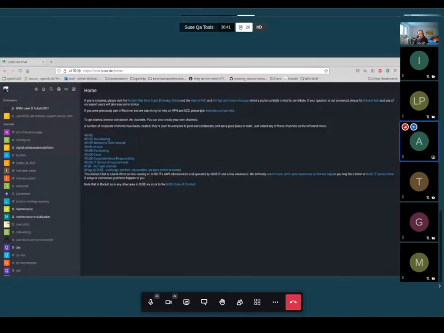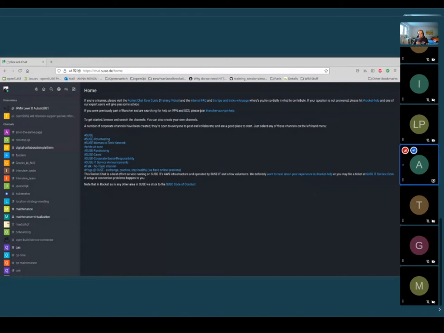So I will start. I will share my screen. I will just have some progress tickets, some openQA tests. That sounds good. So give me one moment here. Sorry. You can see my Rocket.Chat now. Yep, one browser window.